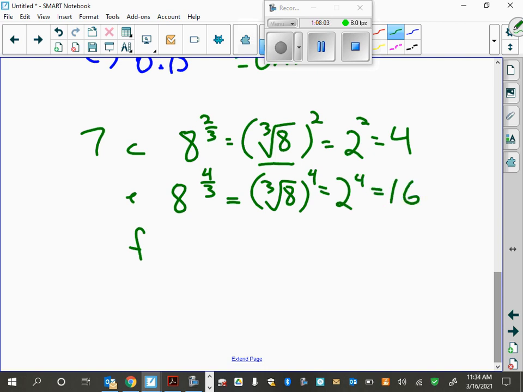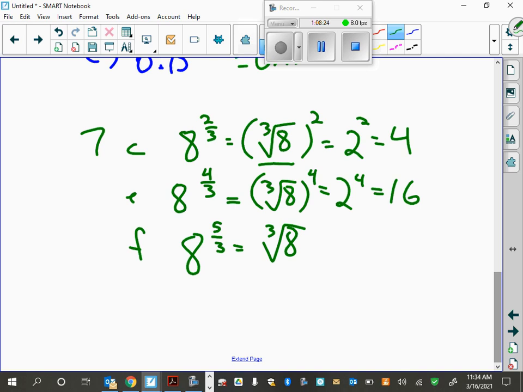Your turn. Do 8 to the 5/3 for me, please. Your homework is going to be having a question like that. You might think, oh, I have to take the cubic root of 8.